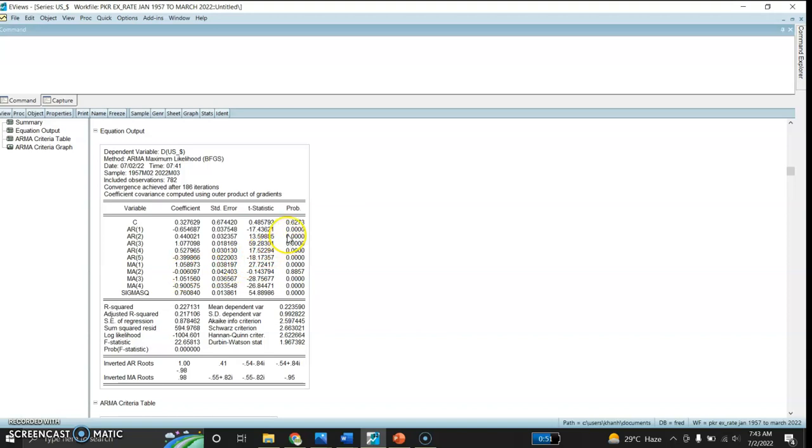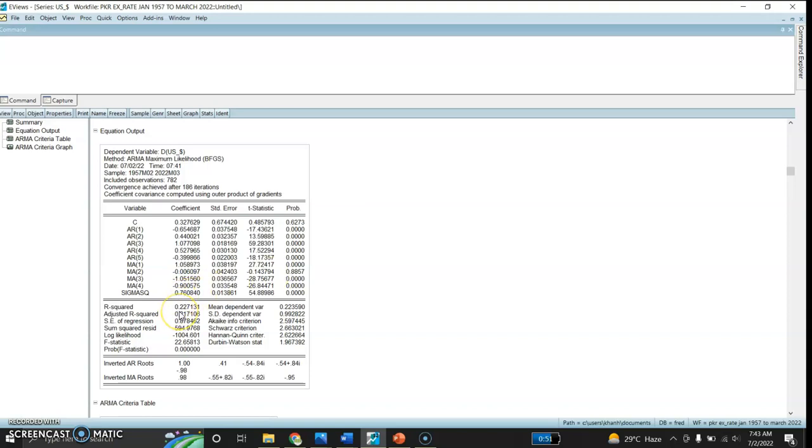Regarding the significance of the individual coefficients of the autoregression, all of the five coefficients are significant. However, regarding the moving average method, 3 coefficients are significant, but the coefficient of MA2 is not significant.